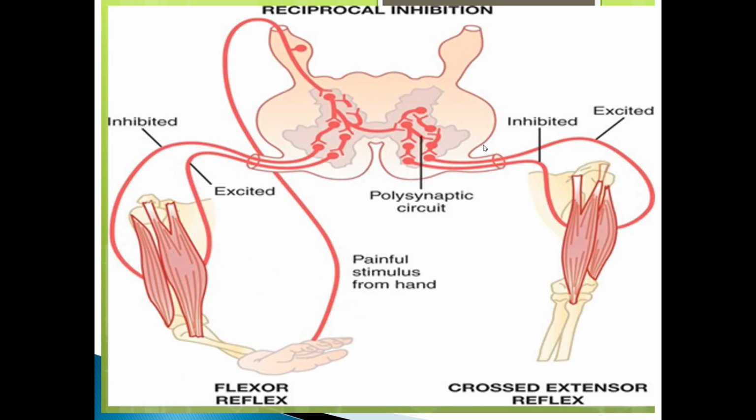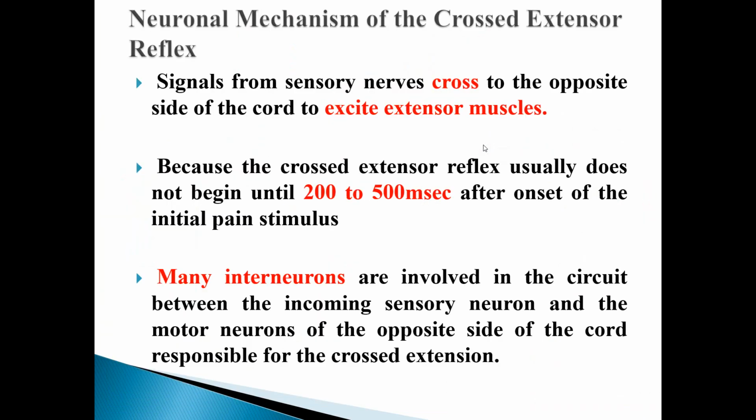You can see that on one side there is flexor reflex taking place, and on the other limb there is crossed extensor reflex taking place. So we can say that reciprocal inhibition occurs. Now, the neuronal mechanism of the crossed extensor reflex. Signals from sensory nerves cross to the opposite side of the cord to excite the extensor muscles.